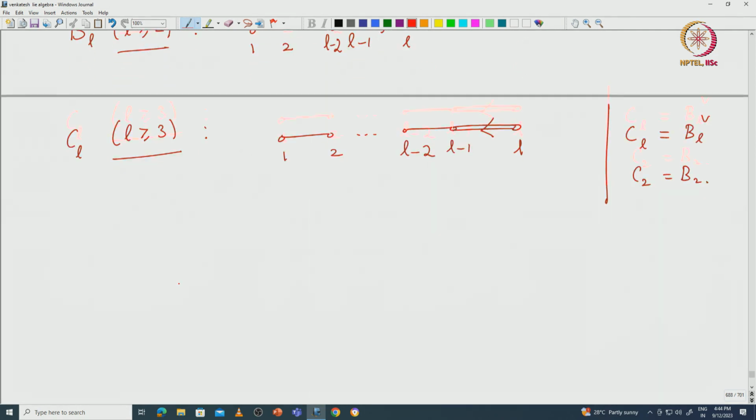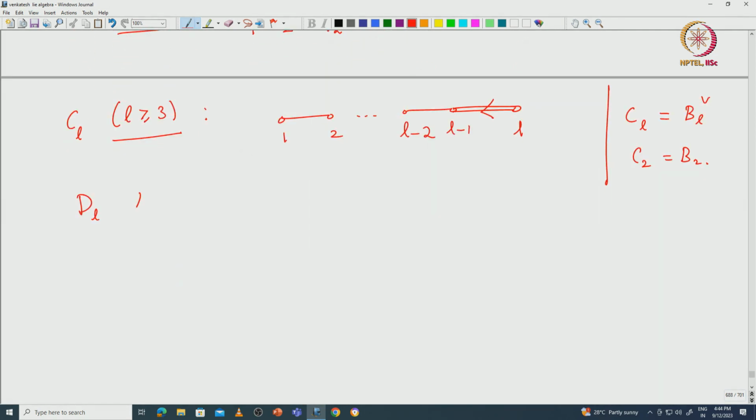Now there is this DL, with L greater than or equal to 4, and the diagram looks as follows. So 1, 2, and then here L and L minus 1. These L and L minus 1 are called spin nodes, and then you have L minus 2 here and L minus 3.